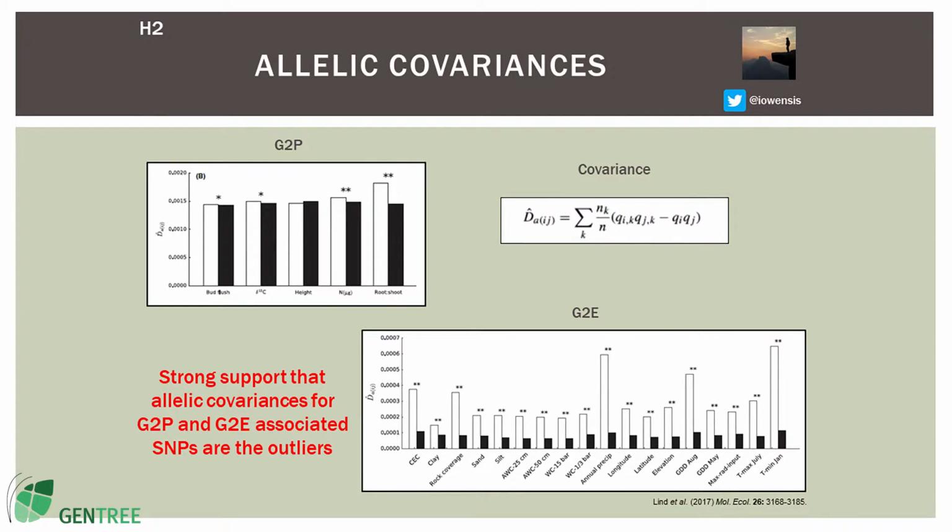Shown here are each of the traits for white bark pine. Here is the median level of pairwise among-population covariance in allele frequency. That's the white bar. The black bar is the 99.9th percentile of the null distribution of medians for random sets of SNPs matched on all those criteria.